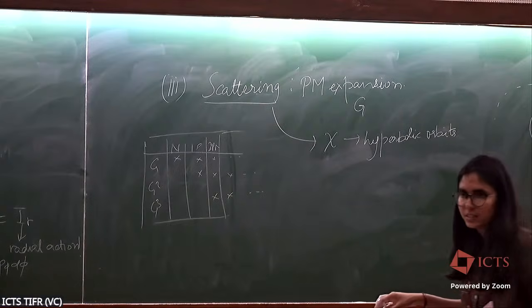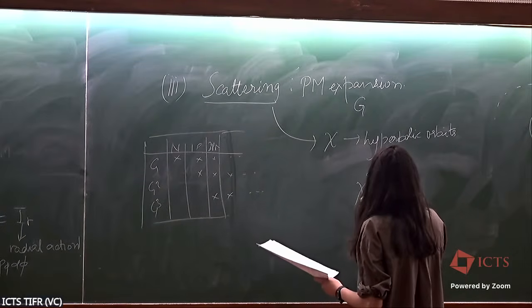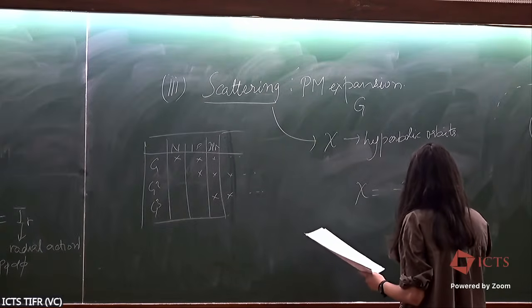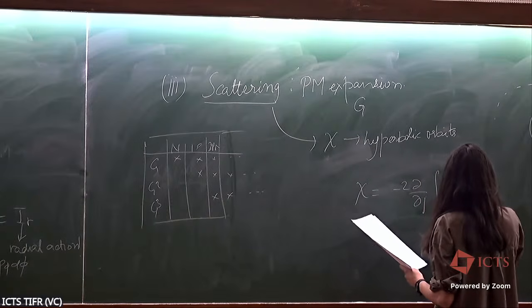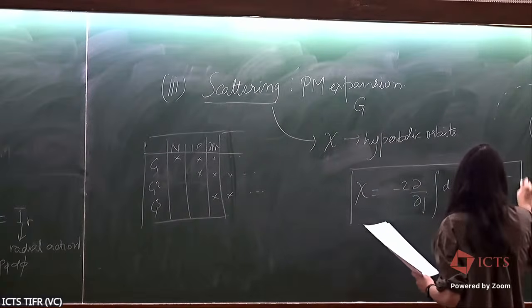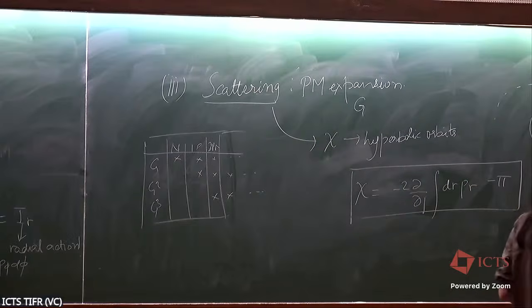we can do the separation of the action as constants of motion plus the radial action that we will have. And this radial action is related to the scattering angle as follows. This is the relation between scattering angle and the radial action, or the radial momentum P_R.